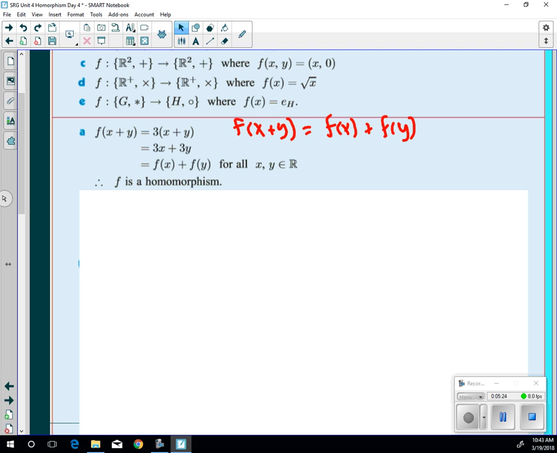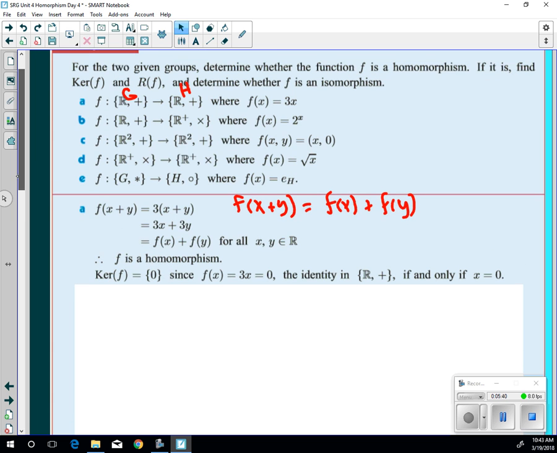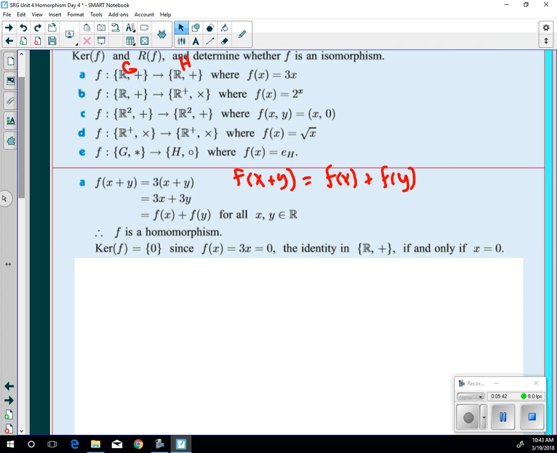F is homomorphic. You love kernels, right? Remember how much fun we had with linear and those kernels? But all the kernel is if you put into your function, which was 3x, right? For addition, what's the identity? 0 or 1 for addition? 0.